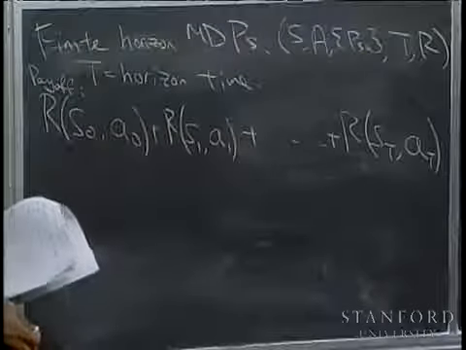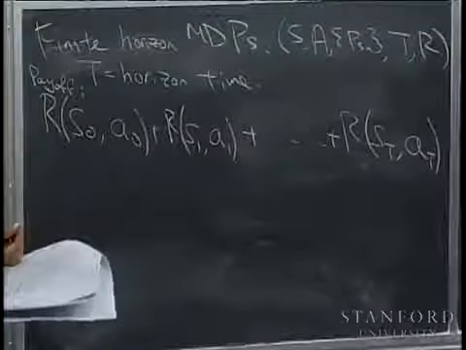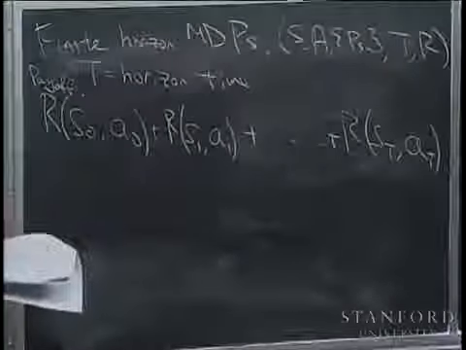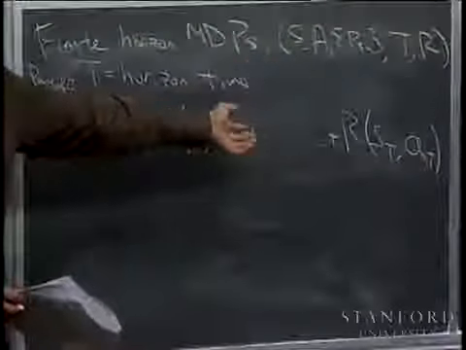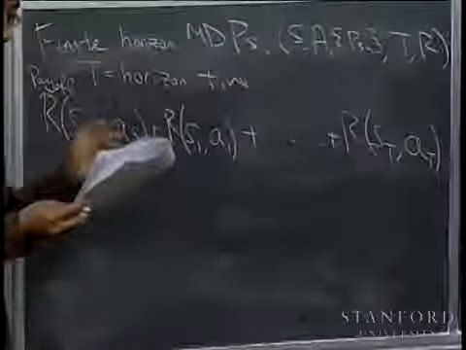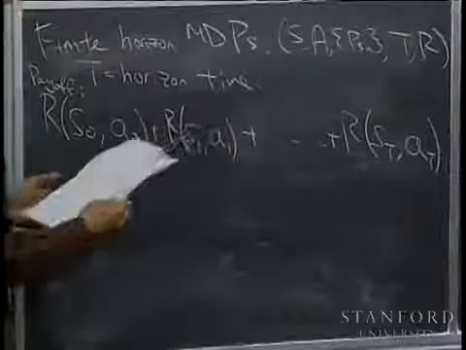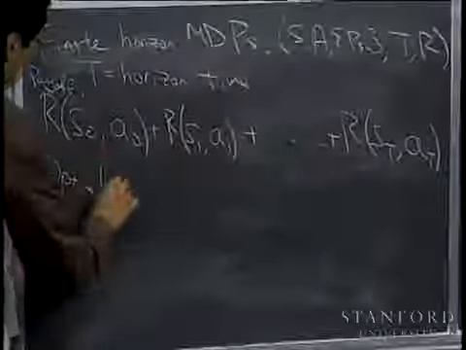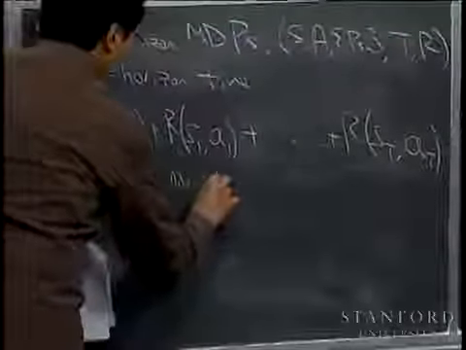My goal as usual is to maximize the expected value of my total payoff, so I want to come up with a policy to maximize the expected value of this total payoff. The key difference is that the world only will exist, if you want, for T time steps, and after that there are no more rewards to be collected. So this turns out to be a more significant difference because the optimal policy may be non-stationary.